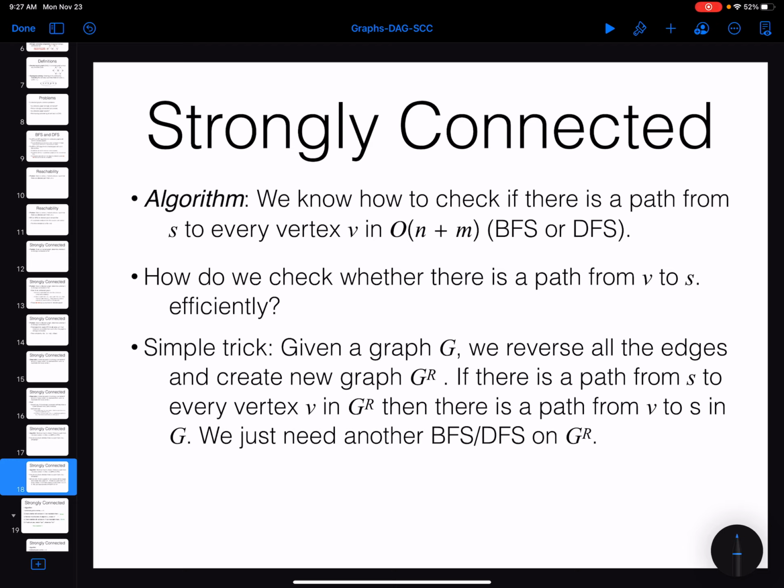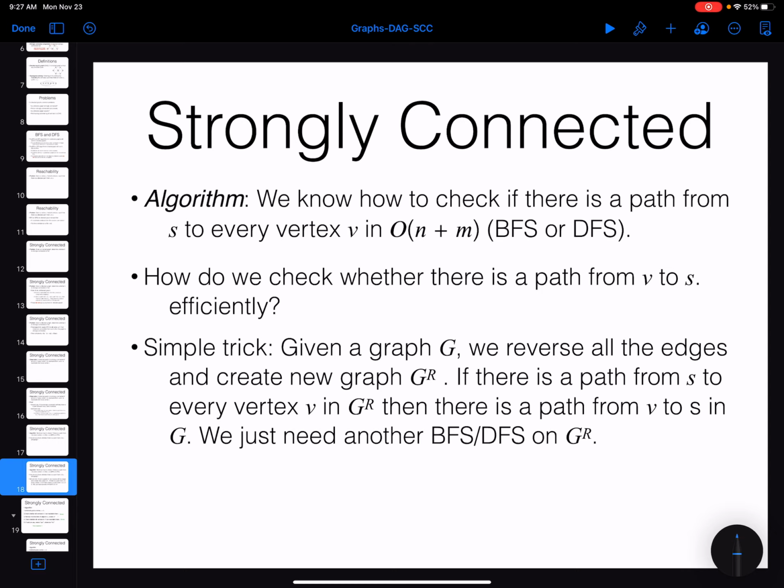There will be some time complexity for creating the reverse graph as well; I'm going to discuss that later. Then run the DFS or BFS over the reverse graph. And if there is a path from S to every other node in the reverse graph, you can say that the graph is strongly connected.